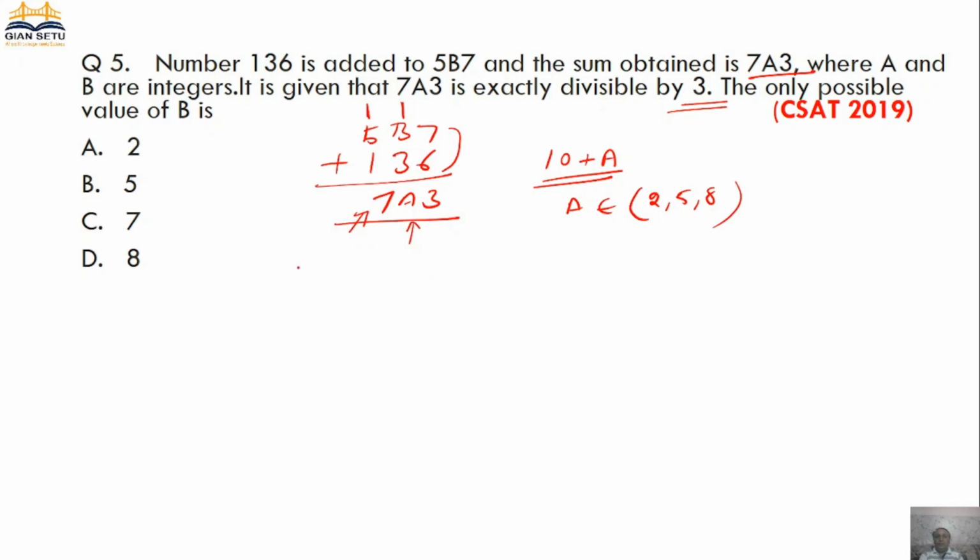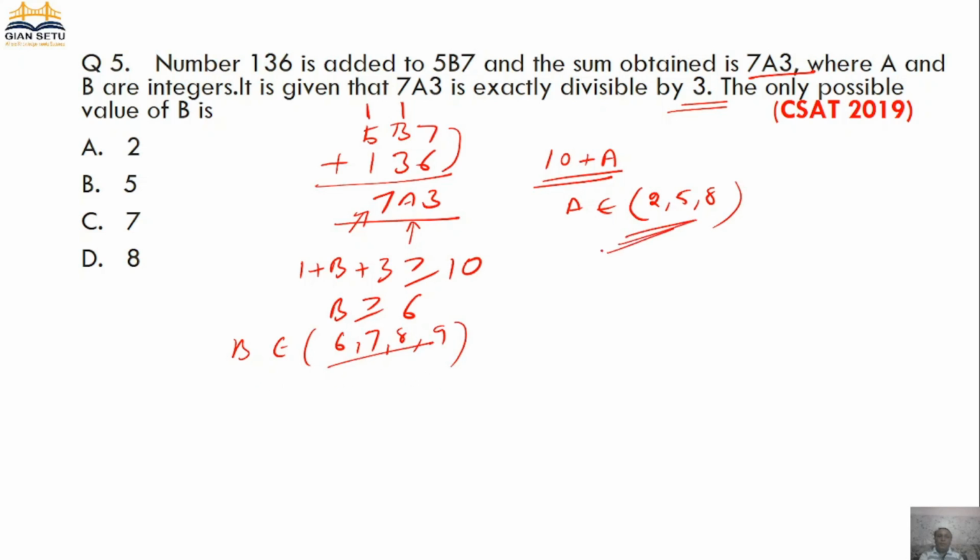So 1 plus b plus 3 should be greater than or equal to 10. That means b should be greater than or equal to 6. That means possible values of b can be 6, 7, 8 or 9.